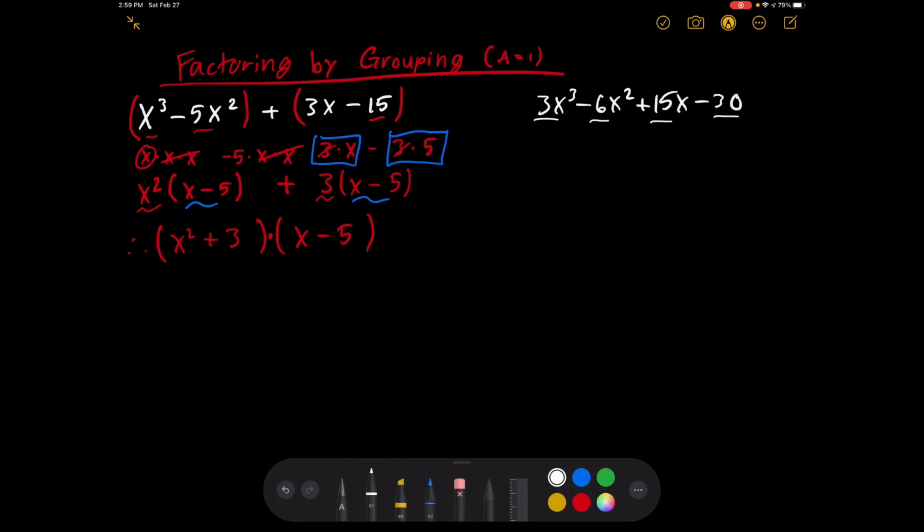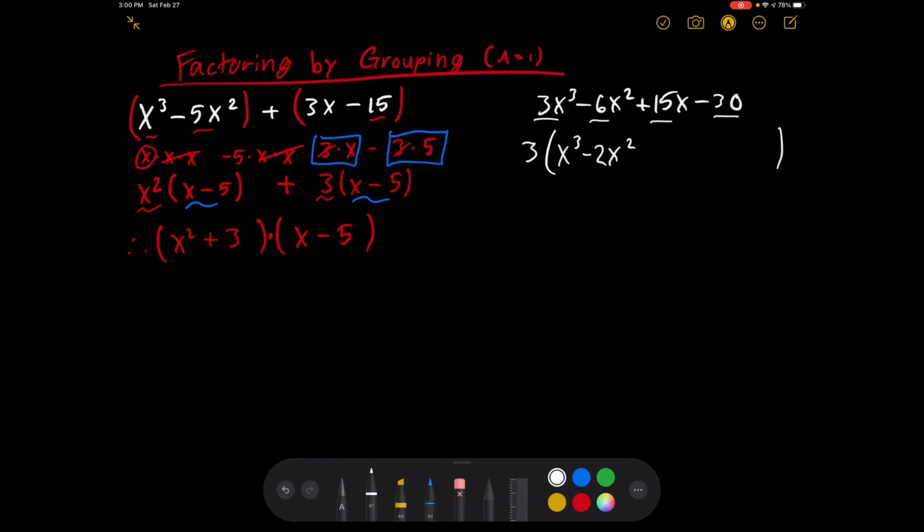So what you can do is take a 3, just like we did with the x squared and the 3 on the left side on the other problem. We can basically just take a 3 and put everything else in the middle. So we just took a 3 out. When we take the 3 out of the 3x cubed, we're left with just x cubed. Then when you take the 3 out of the minus 6x squared, we're left with minus 2x squared, because 3 times 2 is 6.